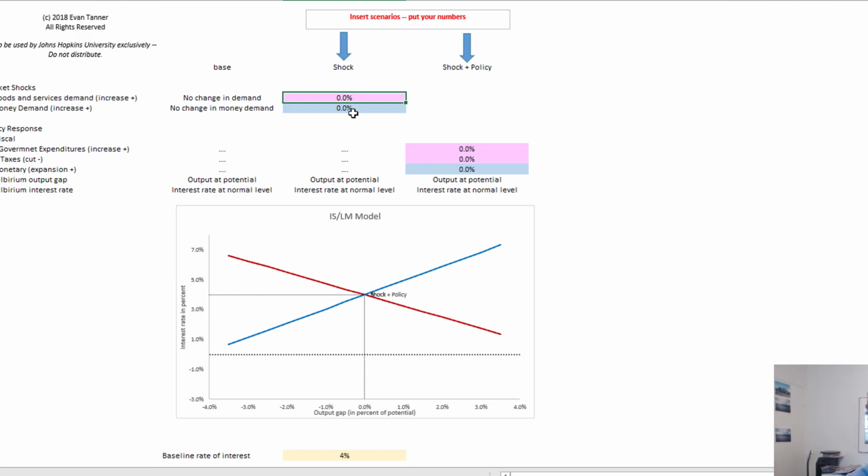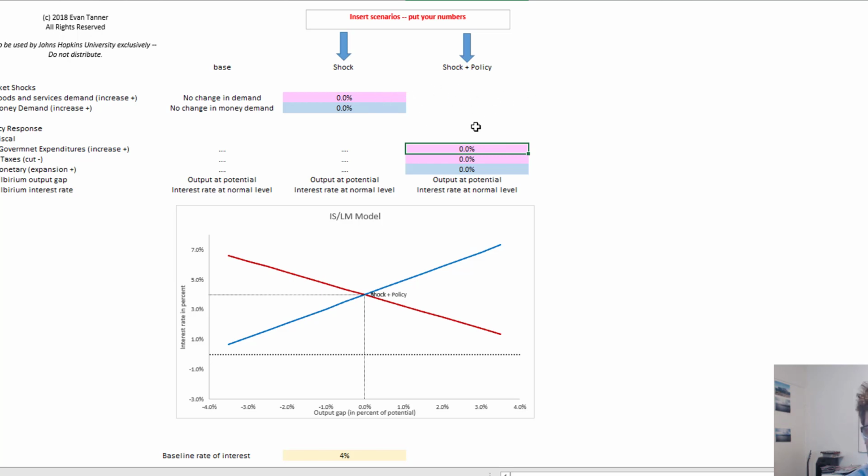Or alternatively, it could be a shock to money demand, and we'll try that too. We want to try these shocks separately so you can get a feel for what we're doing, each of these shocks separately. But then we'll leave it up to you as to what the nature of the shock was in the assignment.